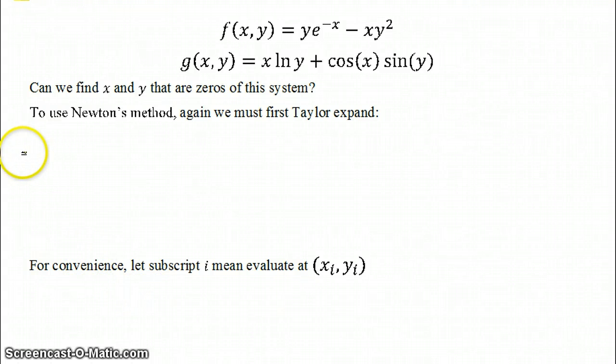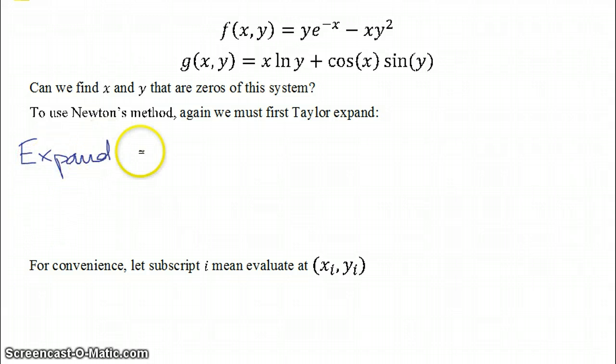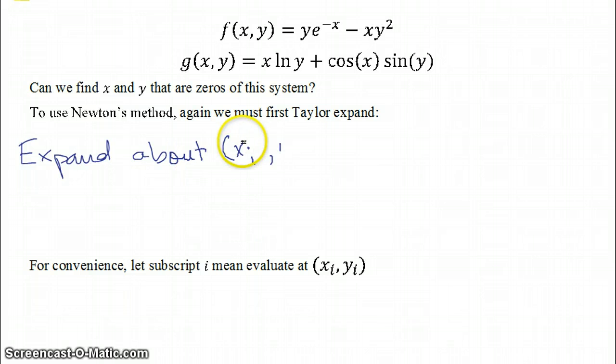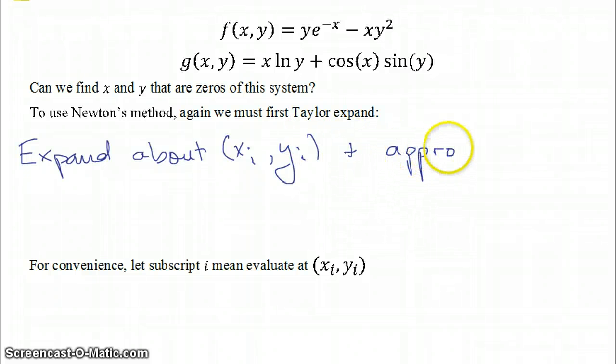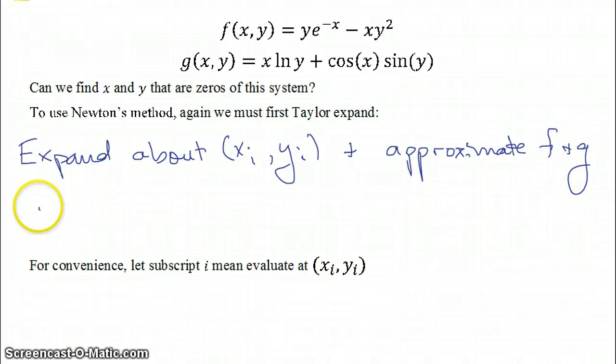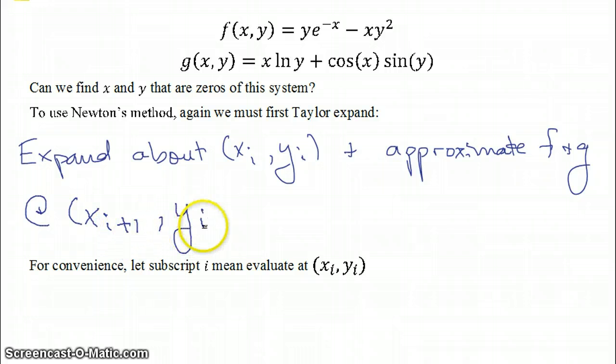So in this case, we're going to expand about xi and yi, this point, which is the ith iteration of our attempt to solve for the 0 of this system of equations. And we want to approximate f and g at xi plus 1, yi plus 1. So that's what we're going to do. We're going to do this Taylor expansion.